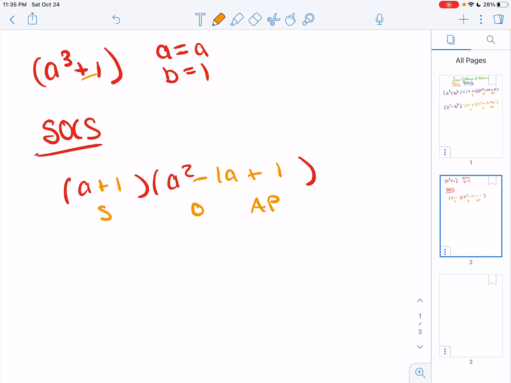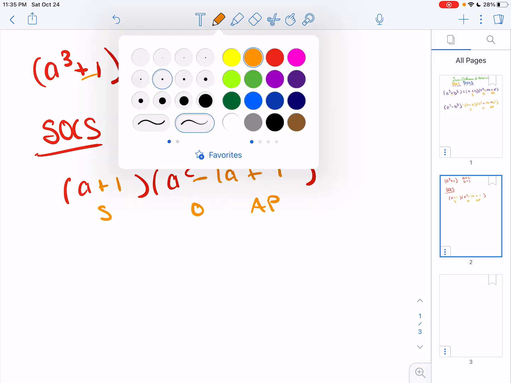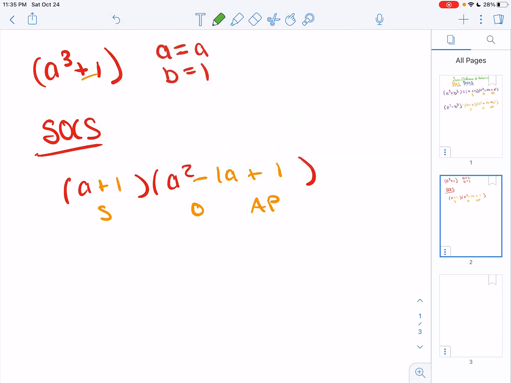Let's look at another one. Let's get a different color. I have 27x cubed minus 1,000y cubed. All right, so SOCKS or DOCKS? We got DOCKS, difference of cubes.